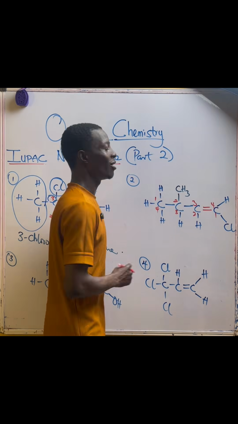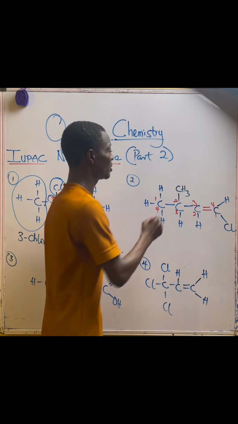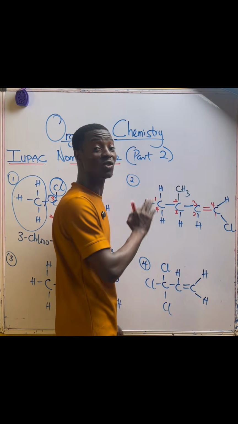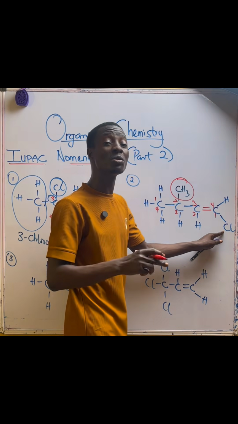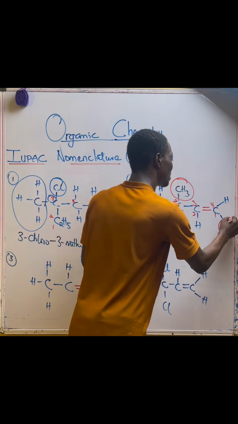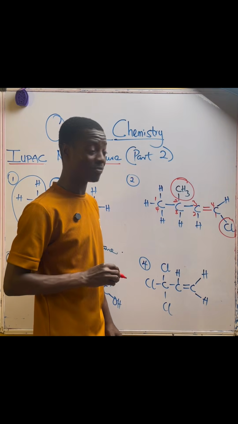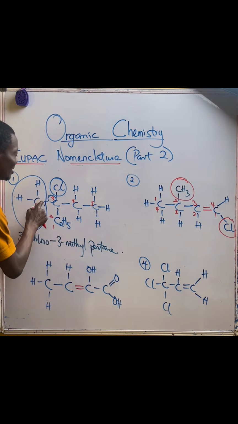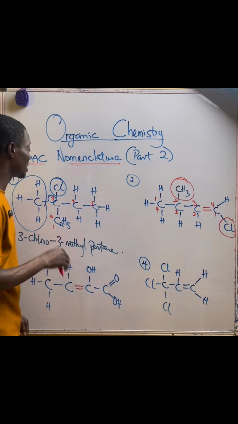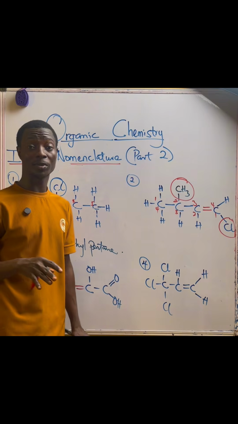Backward. Now, the next thing is to locate my substituent. This is a carbon that is not numbered, hence it will be a substituent. This chlorine is a non-hydrogen atom, hence it is a substituent, right? Then the last substance we have is an ene. The reason we've not been picking any alkane as a substituent is because alkanes are not part of the functional groups that we have.